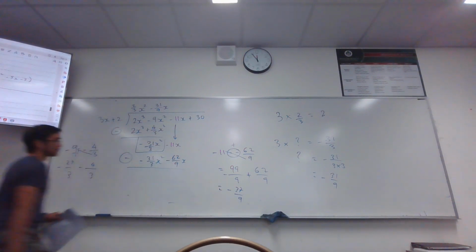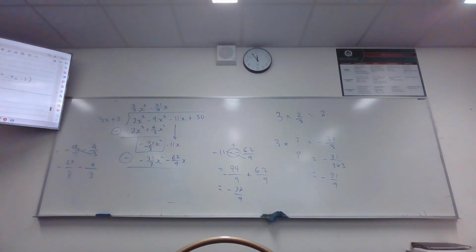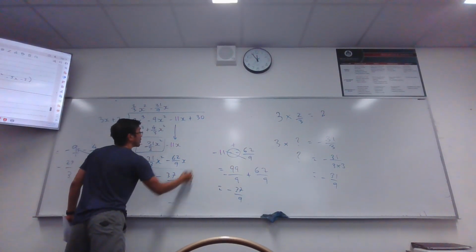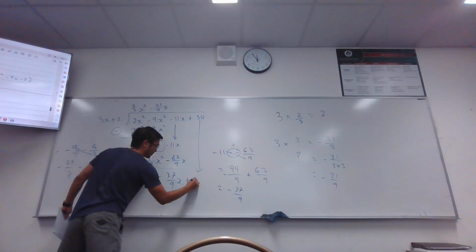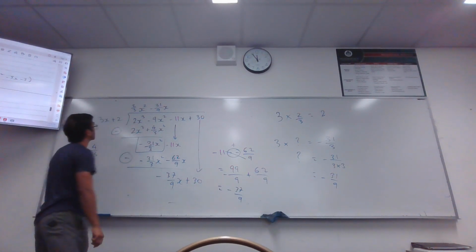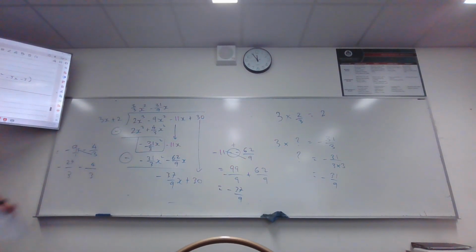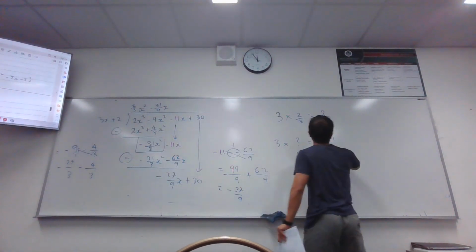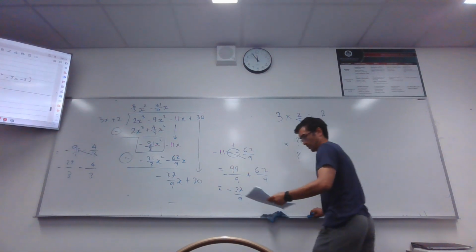Where am I up to? Right there. Bring down the 30. Okay. One more to go. 3 times what is negative 37 on 9?